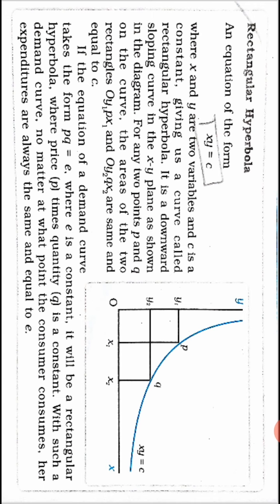So that's why it is called xy = c. It is constant because if price increases by 50%, demand reduces by 50%, and if price reduces by 50%, demand increases by 50%. Before, you were paying a larger amount and buying less. Now you are paying less and buying more.